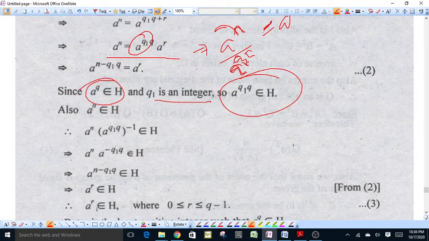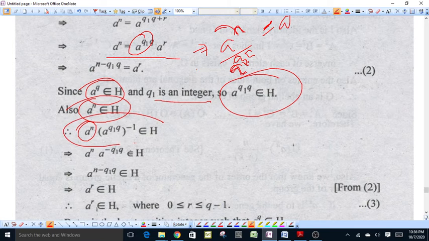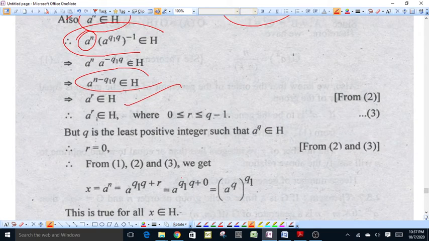Also a raised to power n is an element of H. Because H is a subgroup, an element and the inverse of a second element also belong to H. That is, a raised to power n times the inverse of a raised to power q1 q also belongs to H. That is a raised to power n minus q1 q belongs to H. That is a raised to power r belongs to H. Therefore, a raised to power r belongs to H for all r lying between 0 and q minus 1.